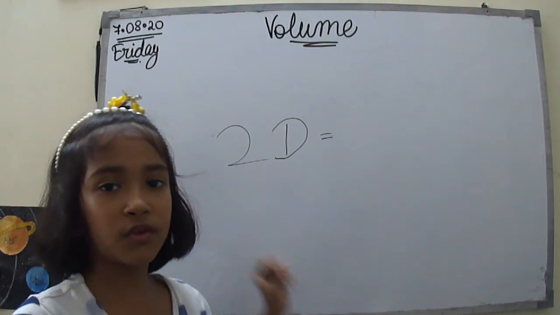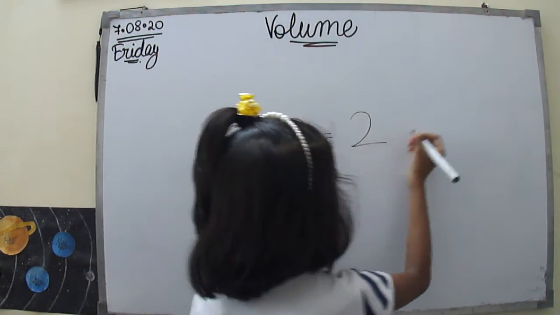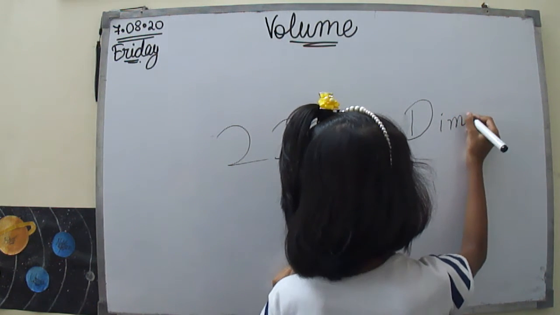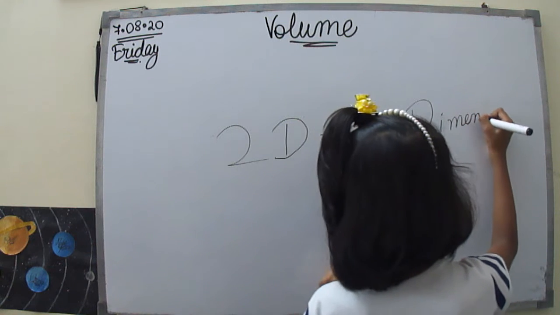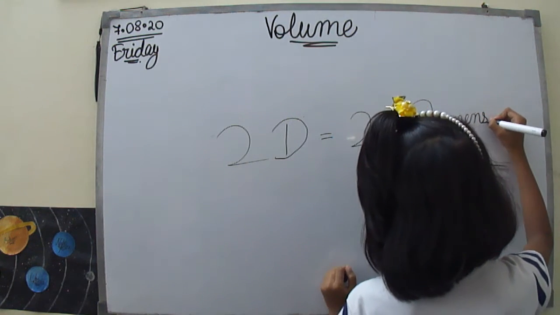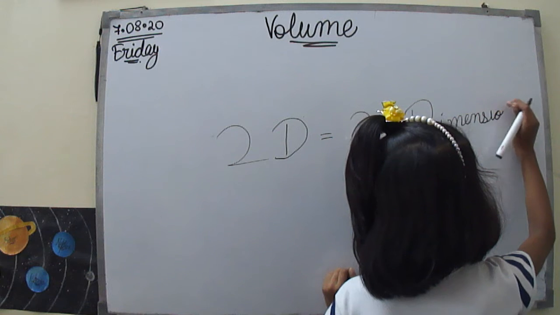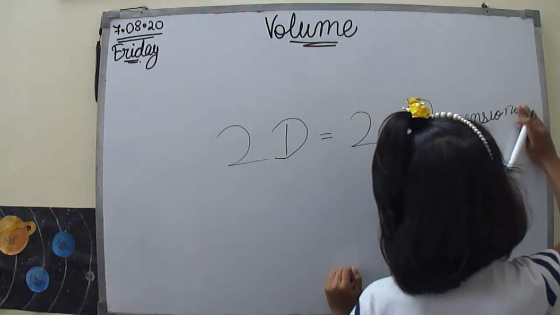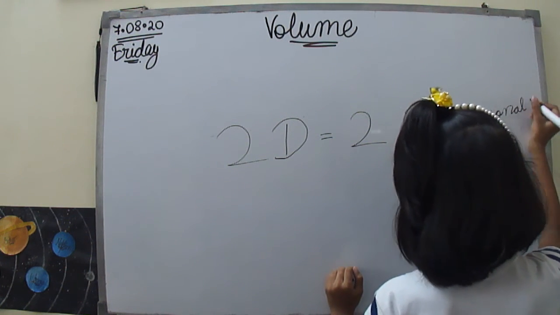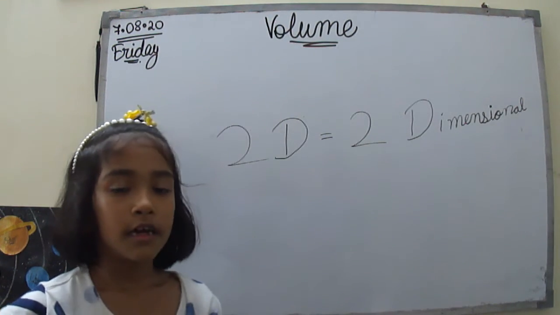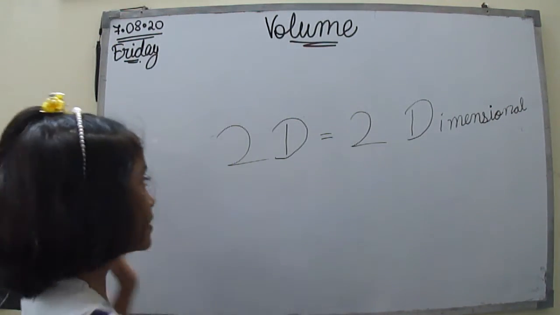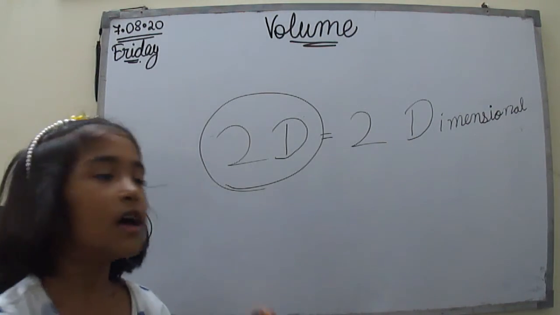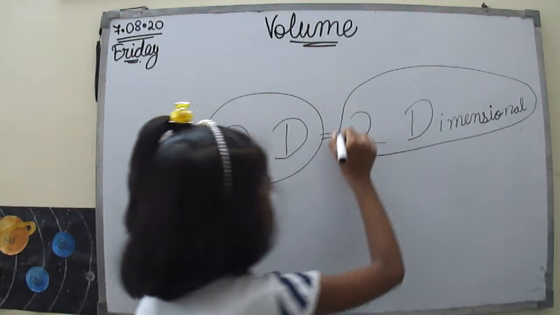The full form of 2D is 2-dimensional. That's why the name is 2D, because the full form is 2-dimensional.